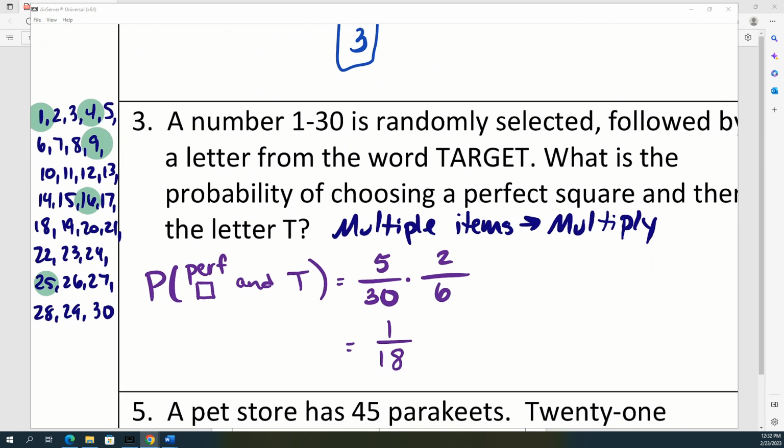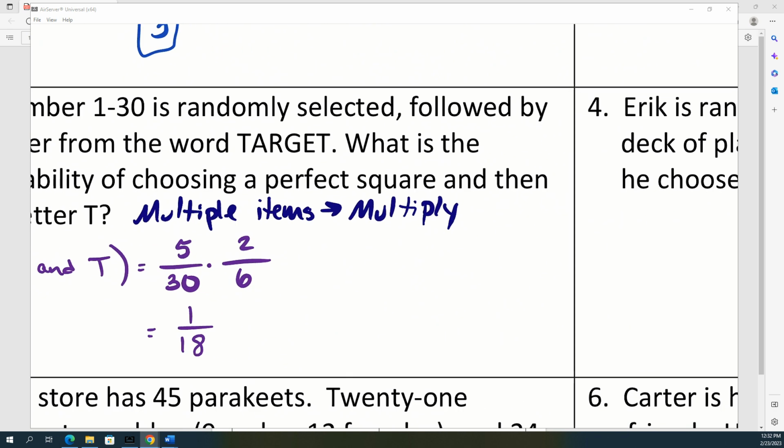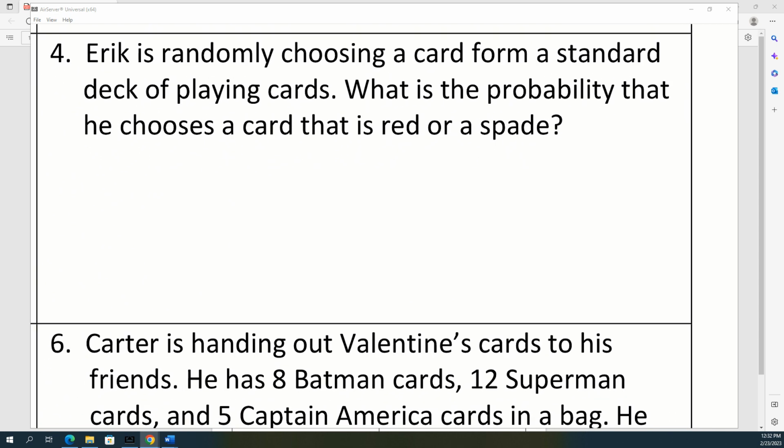All right, now I am not putting a card question on the quiz just because too many people don't know what's in a deck of cards, but they do make really good questions, so that's why there's one on the review. So on example 4, Eric is randomly choosing a card from a standard deck of playing cards. What is the probability he chooses a card that is red or spade?